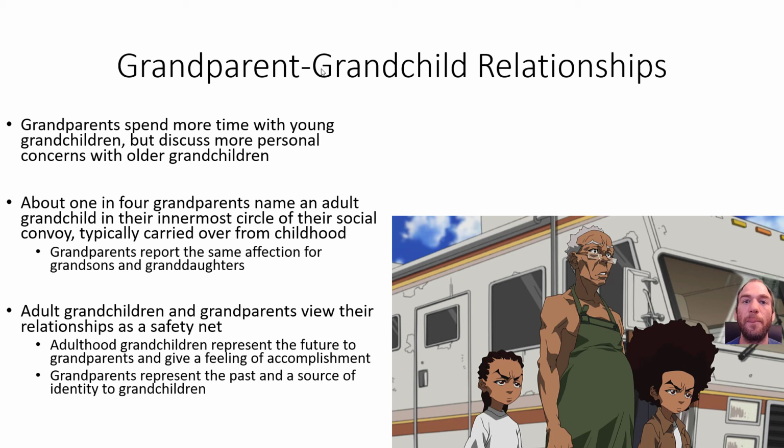So we can see the importance of these grandparent-grandchild relationships, with 1 in 4 grandparents naming an adult grandchild in their innermost circle, in their social convoy. And we've talked about the importance of social convoy to a number of developmental outcomes, not just for the young adult grandchild, but also for the older adult grandparent.